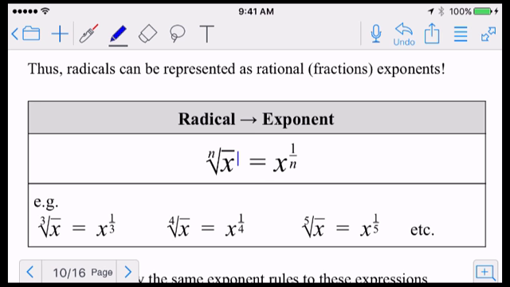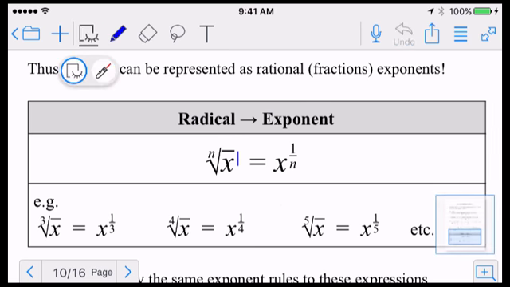If it's a different number, that other number will go on the top of the fraction. For example, the cube root of x would be x to the 1/3 power. Or the 4th root of x would be x to the 1/4 power. Or the 5th root, x to the 1/5 power, you get the gist of it.